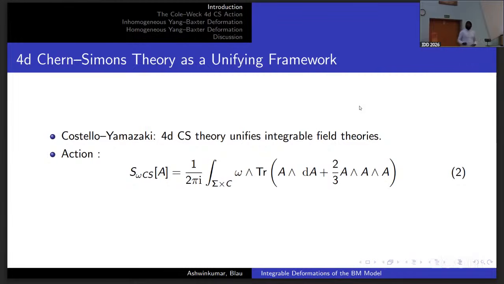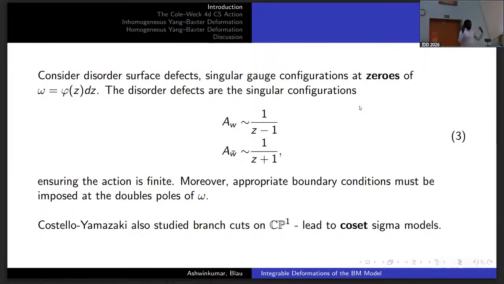So before I proceed, I will just very quickly review some basic facts about 4D Chern-Simons theory. I won't go too much in depth into the review since many of these things are familiar. But as we know, we have this four-dimensional Chern-Simons action defined by the Chern-Simons 3-form wedged with the meromorphic 1-form associated with the Riemann surface C. So in general, the meromorphic 1-form has zeros and poles, and the number of zeros and poles satisfies the Riemann-Roch equation.